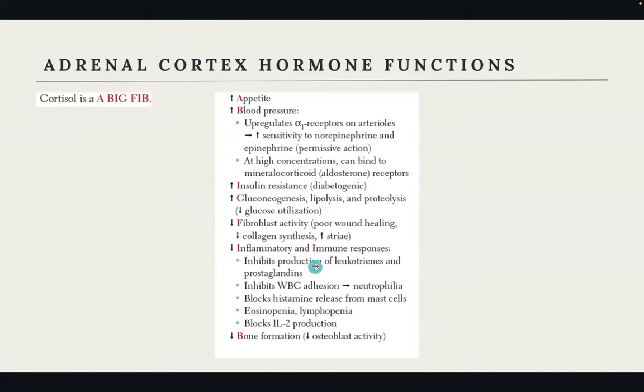And for fibroblasts, I hope that you guys by now know that it uses collagen to basically promote wound healing and scar formation. Now, one thing that you'll see in people with very high cortisol is they have striae. This is just a fancy way to say stretch marks. They have these stretch marks on their abdomen.